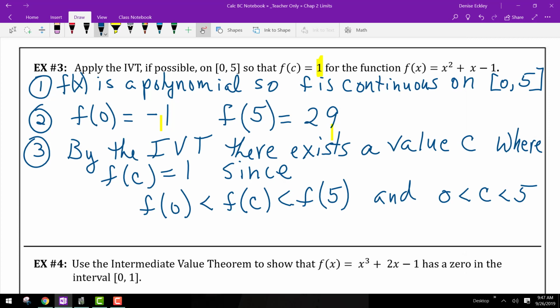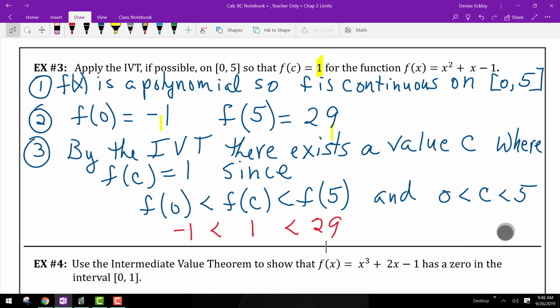Okay? And if you want to be a little more specific here, you can also add your f of 0 values. So like that. So that's what they're looking for.